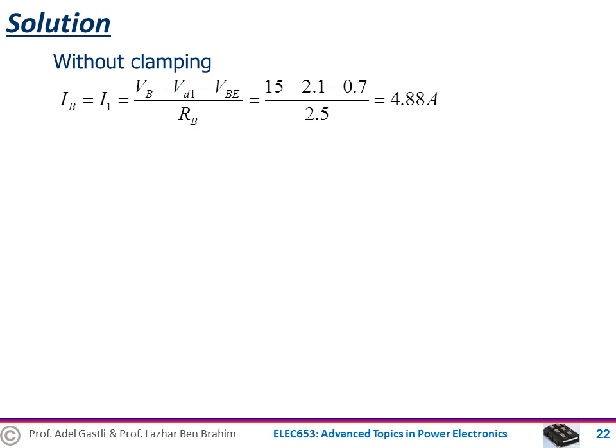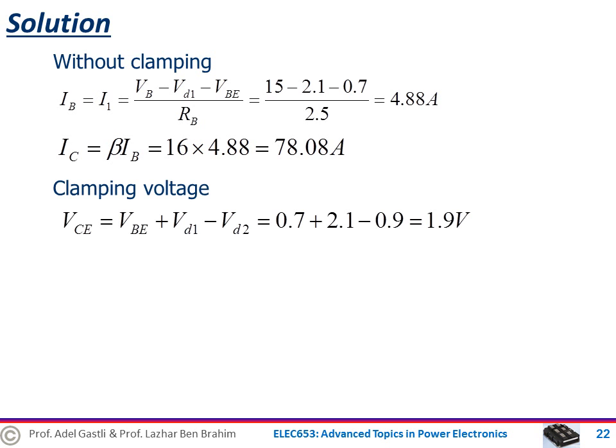Of course, this value of the current will drive the transistor hard. Now, for this value of IB, and if clamping does not take place, the corresponding collector current would be IC equal beta times IB, and that is 78.8 amps.